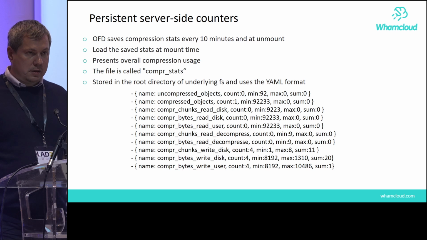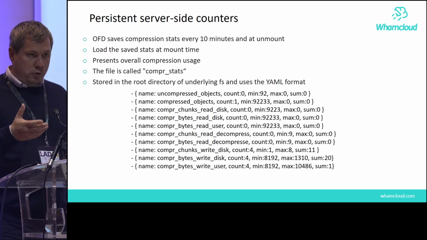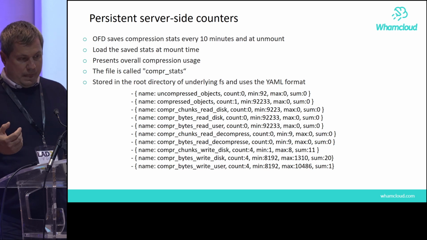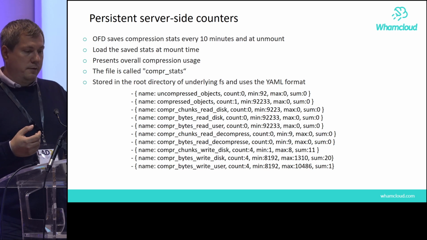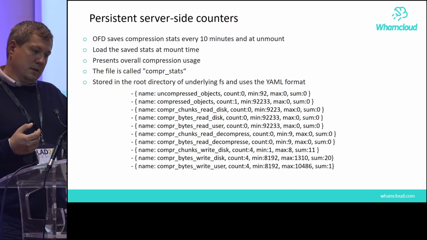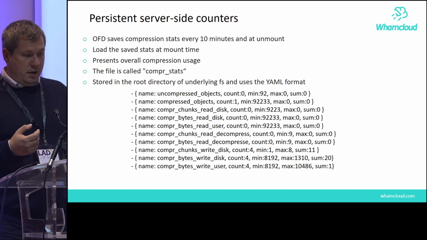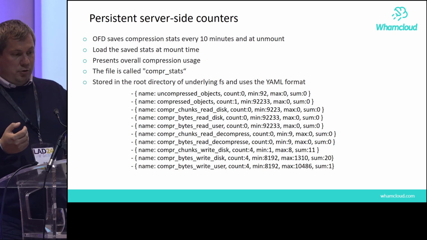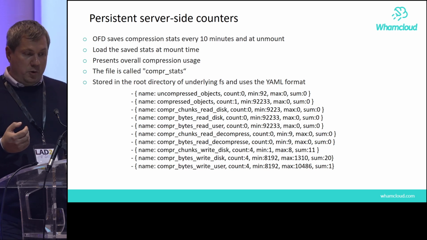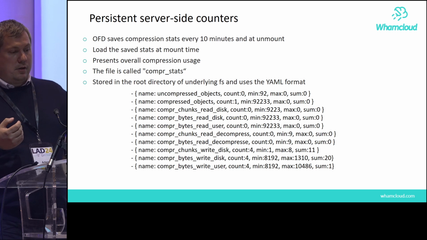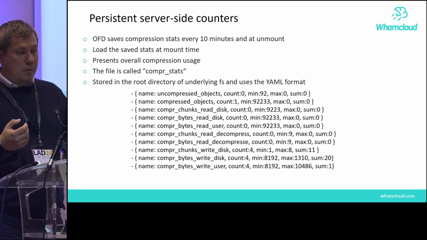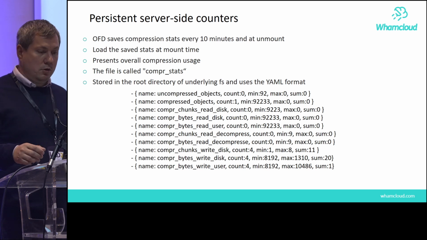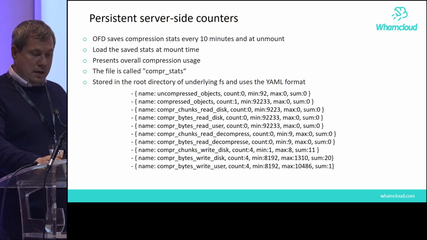Both statistics are useful, and I will show you how. Here is the file that is stored on the OST, in the format shown. This information is stored to the OST every 10 minutes. It is read during mount time and stored during unmount. The file is called compresstats.